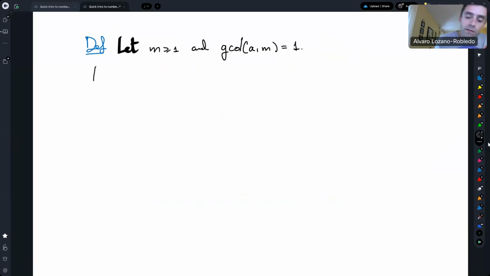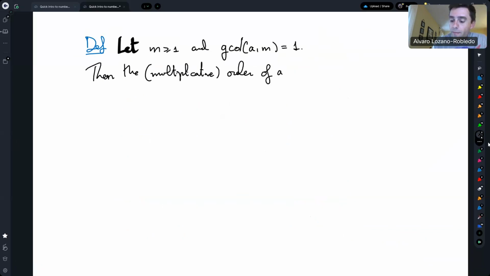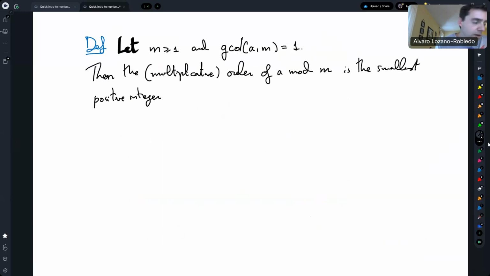Then the multiplicative order, sometimes we just say the order of a modulo m, is the smallest positive integer k such that a to the k is congruent to 1 modulo m, if it exists.